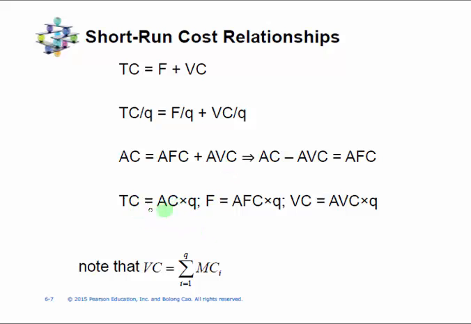And where the average cost comes from is dividing the total cost by the quantity, right? Whatever the cost is, divided by the quantity, you will get the average cost, and then you can go back to see what the total cost, the fixed cost, and the variable cost are to produce this quantity.